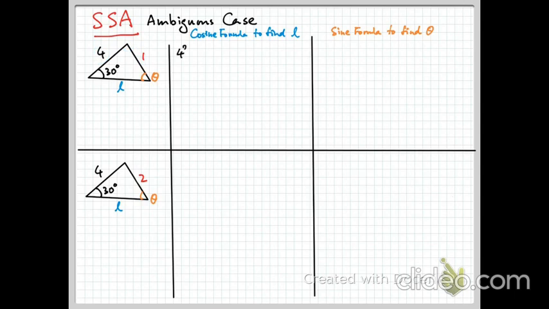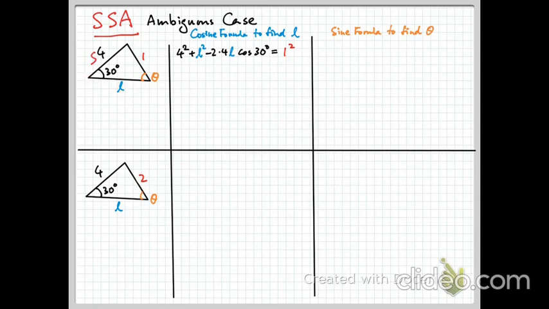So we have 4 squared plus L squared minus 2 times 4 times L cosine 30 degrees, and that equals the square of 1. That's how we apply the cosine formula with the SAS situation, but one of the sides is unknown.